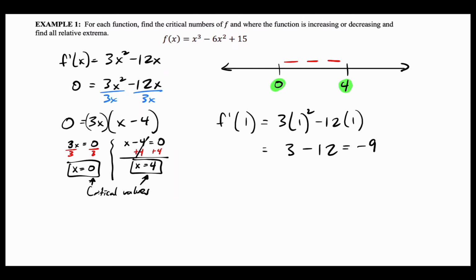Okay? Now I'm going to try numbers that are bigger than 4 and less than 0. Okay? So bigger than 4, 5. So 3 times 5 squared minus 12 times 5.